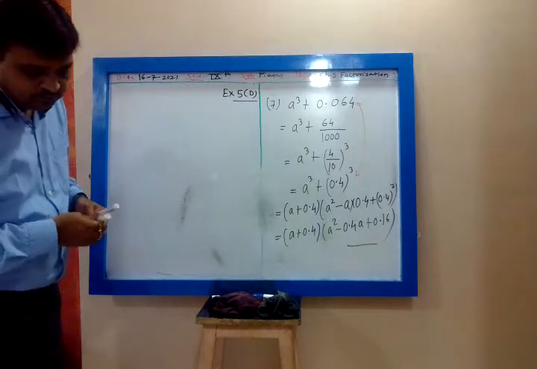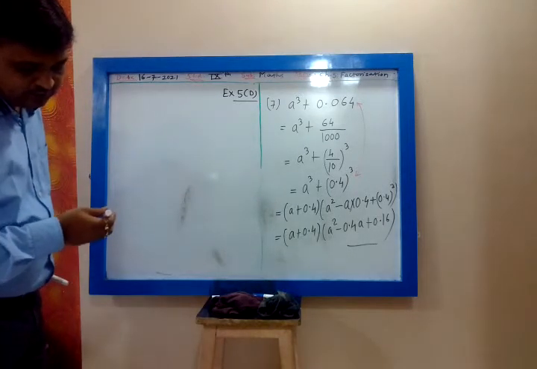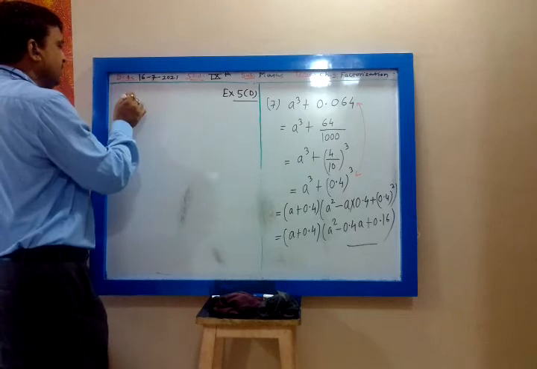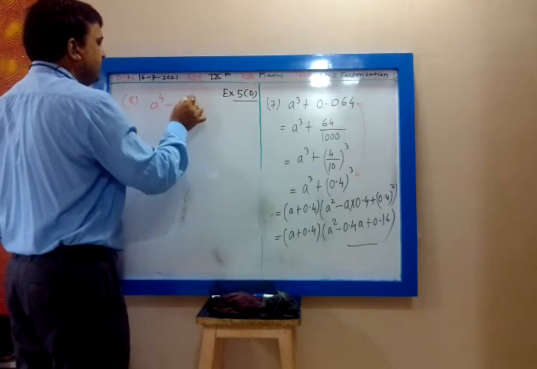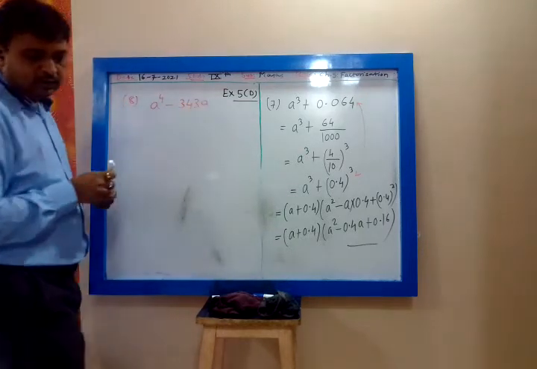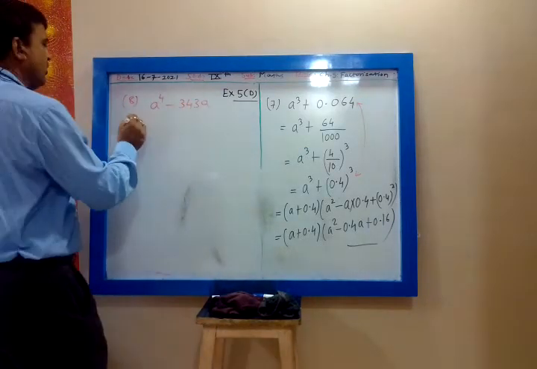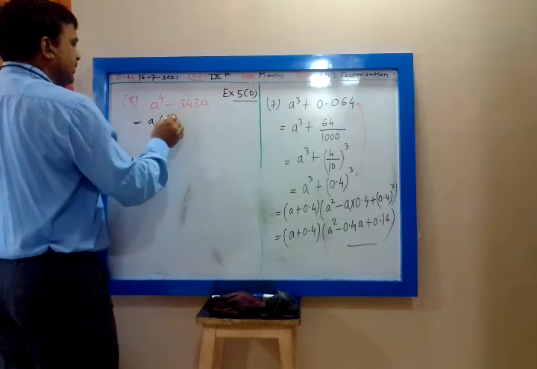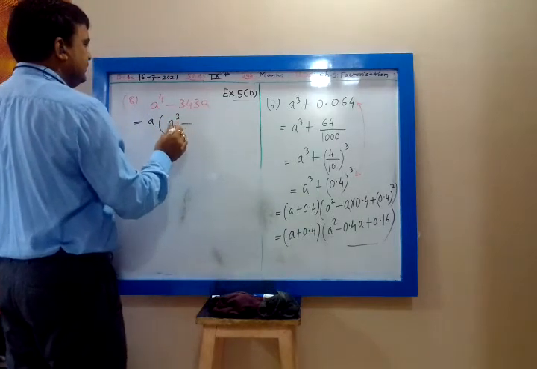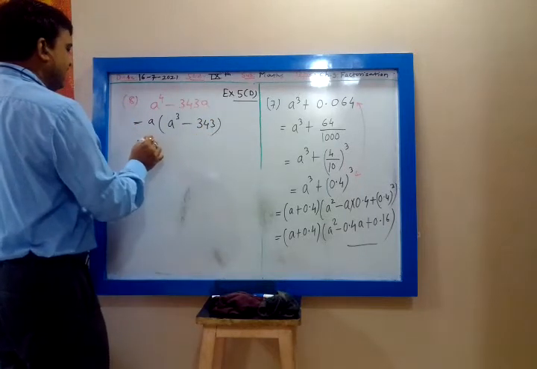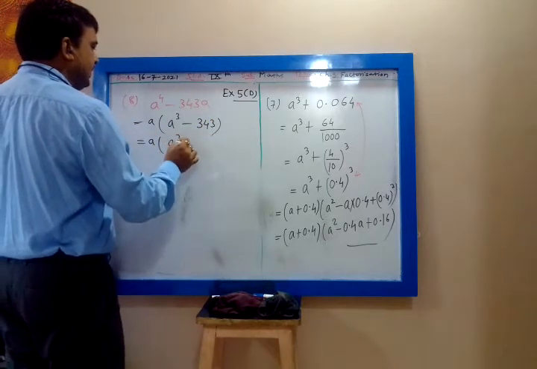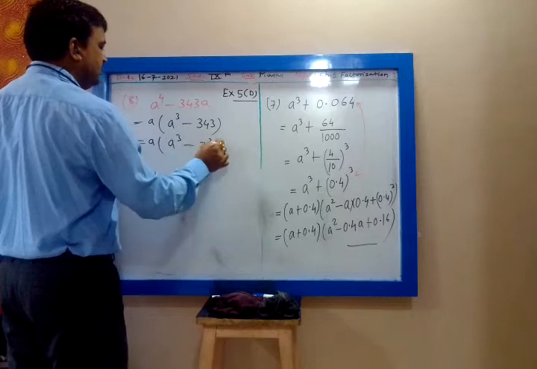Now the next one, the 8th one: a raised to 4 minus 343a. Take a common, then a cube minus 343. So this I can write as a cube minus 7 cube, 7 whole cube.